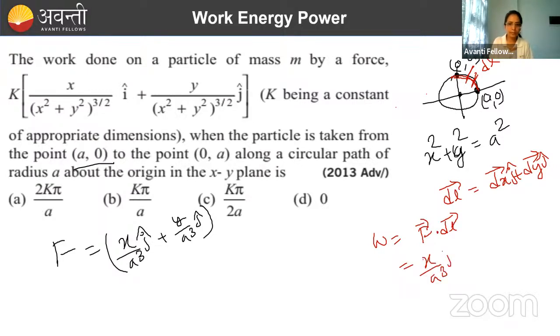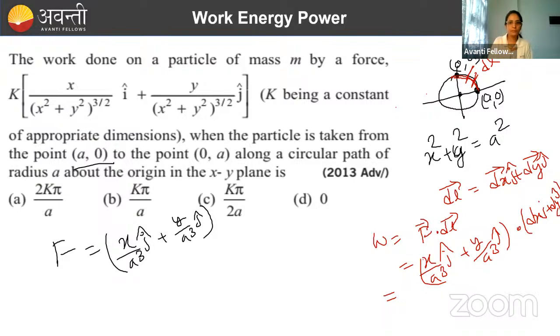x by a cube i cap plus y by a cube j cap, dot with dx i cap plus dy j cap. If you take the dot product of these two, x by a cube i cap with this i cap.